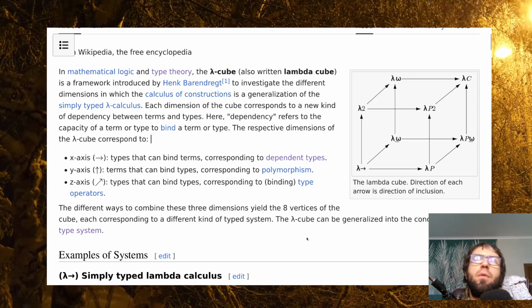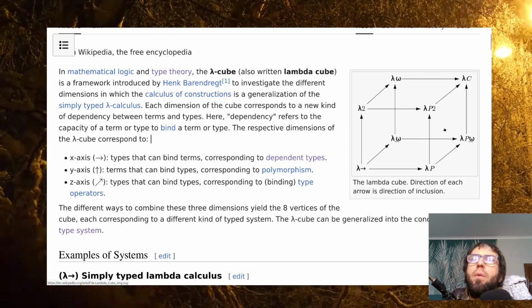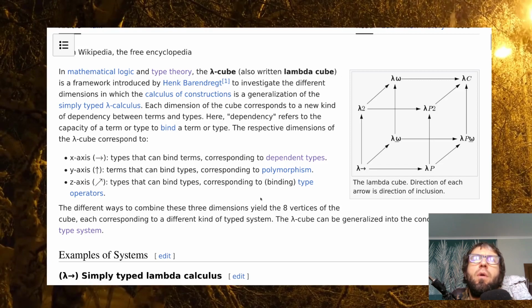For example, if we review Haskell in this space, where will we find it? What does Haskell have? Haskell has the ability of polymorphism. This means that it goes from here up, and Haskell also has the ability of type operators, also known as type families. This means that it goes here. But at this moment Haskell doesn't have dependent types, so types cannot depend on values.